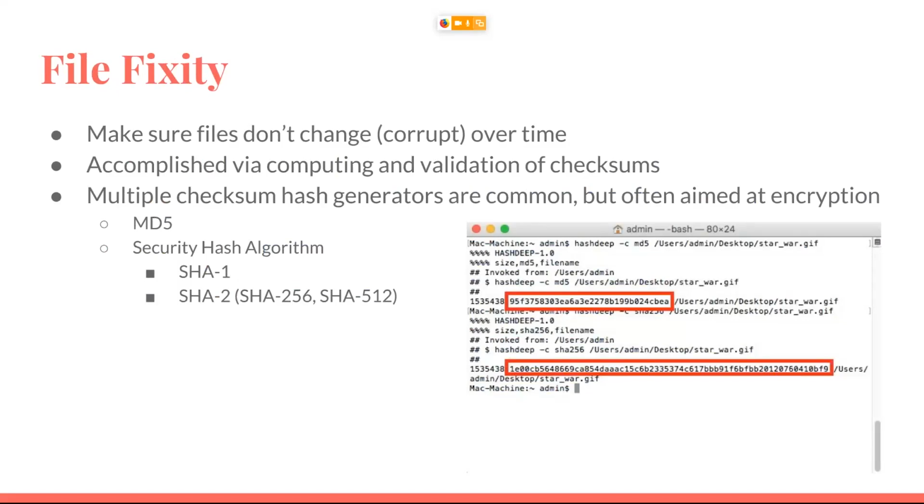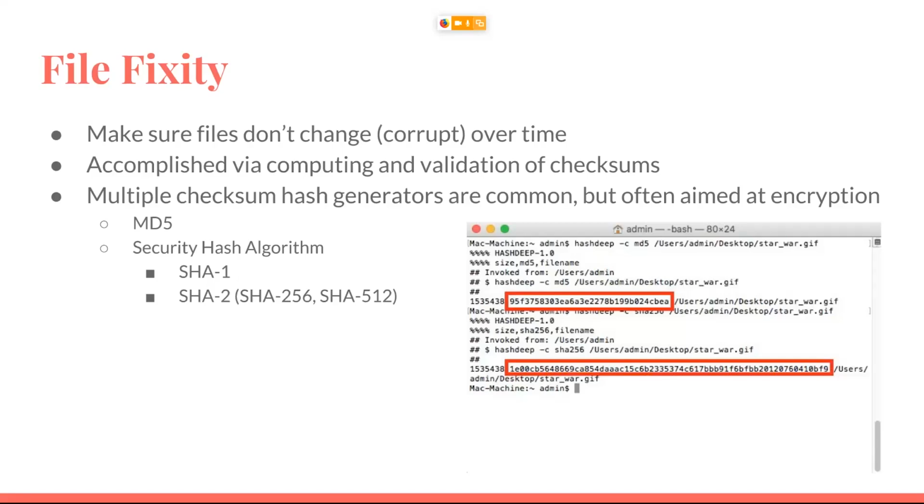And what this usually translates into on a day-to-day level is computation and validation of what's called a checksum. Checksums were invented for the data encryption and sort of privacy and security field, but they have turned into a useful tool for digital preservation as well. Essentially, what happens is a checksum generator is an algorithm.